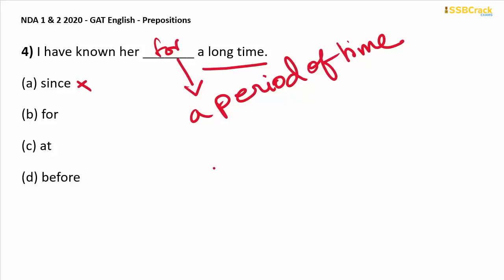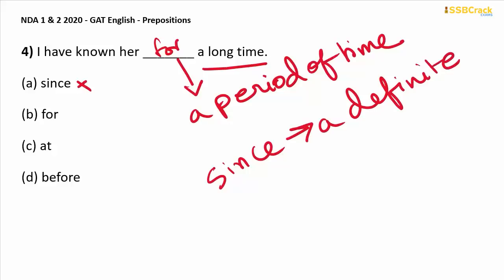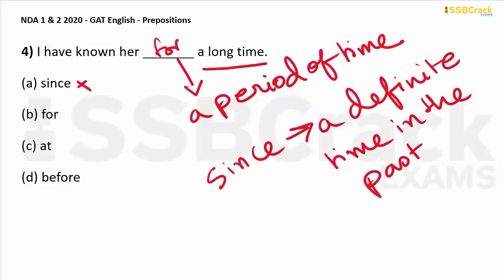We use since when we are talking about a definite time in the past. So you can say, I have known her for a long time, but you have to say, I have known her since 2009, for example.